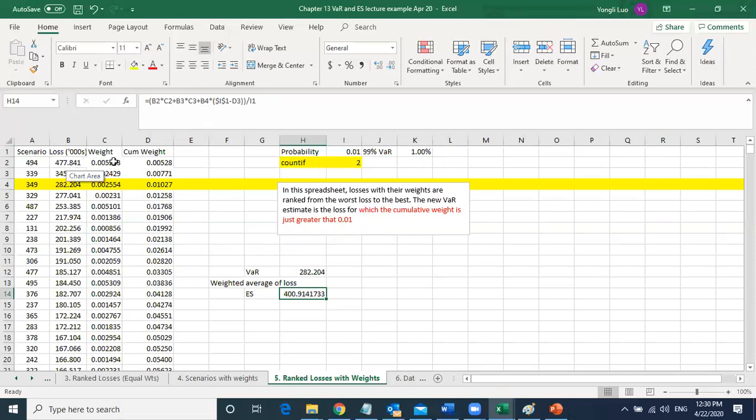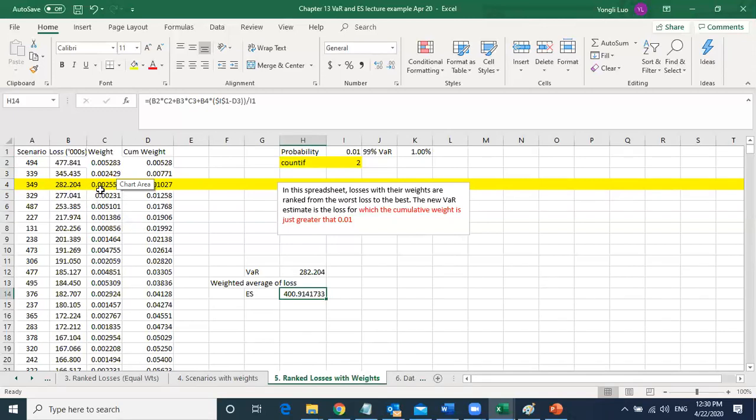And then B3 times C3, that's the weight for that. And then the last is 282, right?